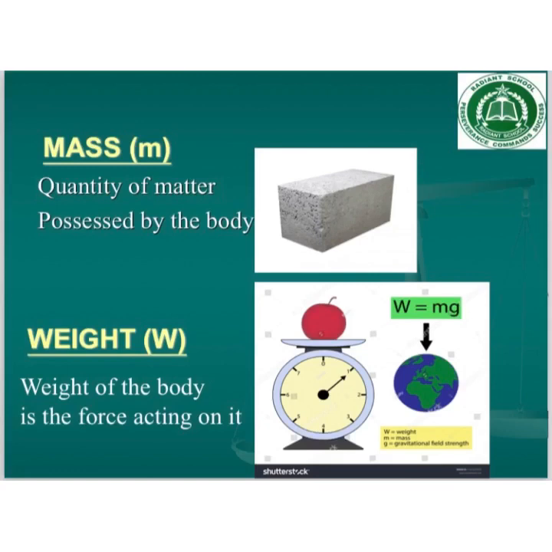Students, mass is usually written with a small m, and it is the quantity of matter possessed by the body. Quantity means the building blocks of that material. For example, this block is made up of 100 atoms, elements or molecules.